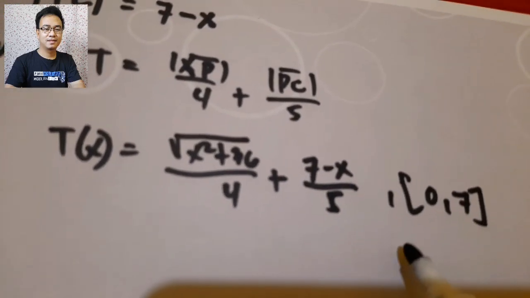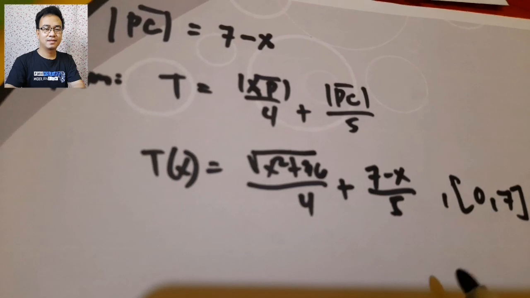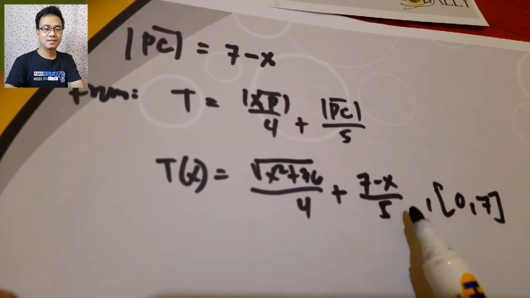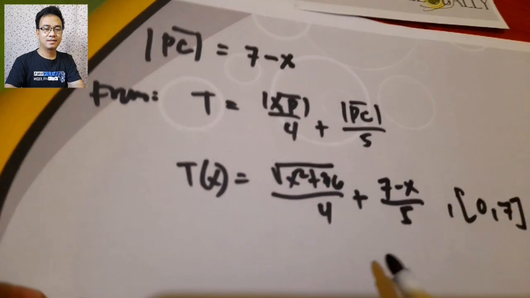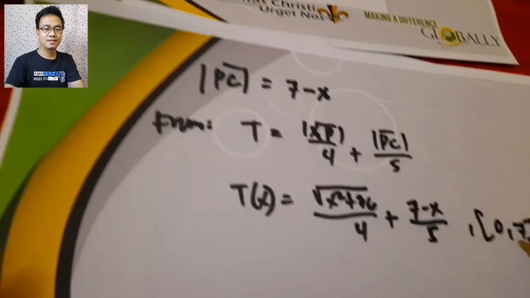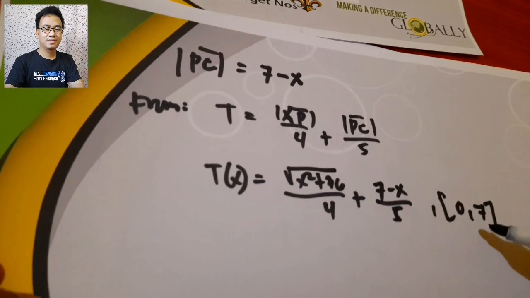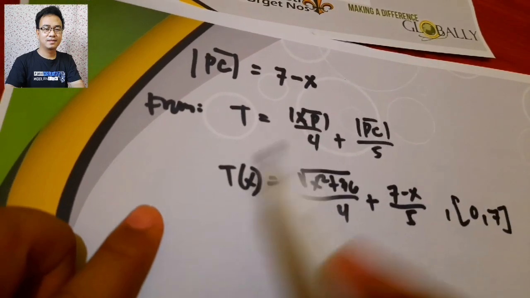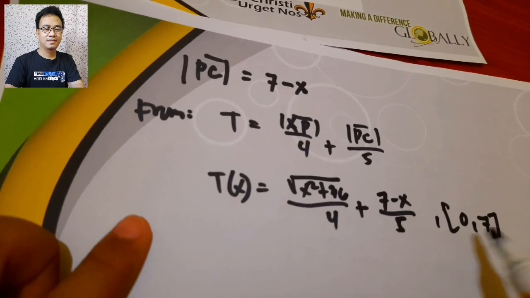Now, having this interval, we wish to find the value of x for which T has an absolute minimum value on this closed interval. Because T is continuous on 0, 7, this function is continuous within this closed interval.